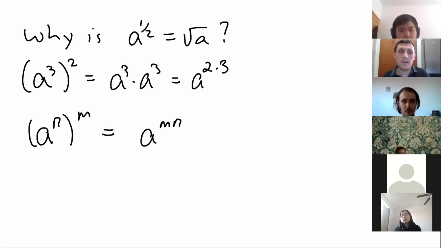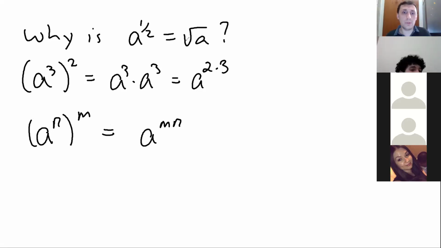Yes? Now, when you're trying to represent root of a, let's say root of a is a to the x. Or let's not use x so you're not confused by that symbol. Let's use a to the power of t, and t is supposed to represent root a. Now, what is root a?